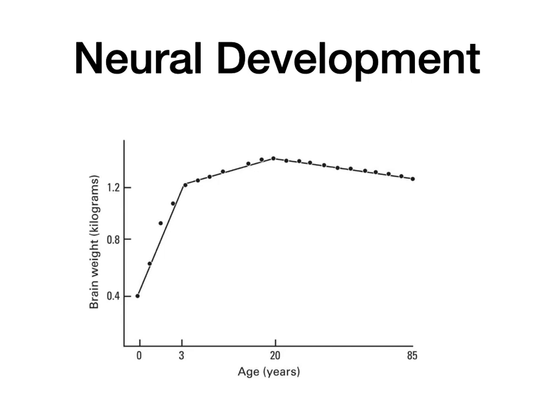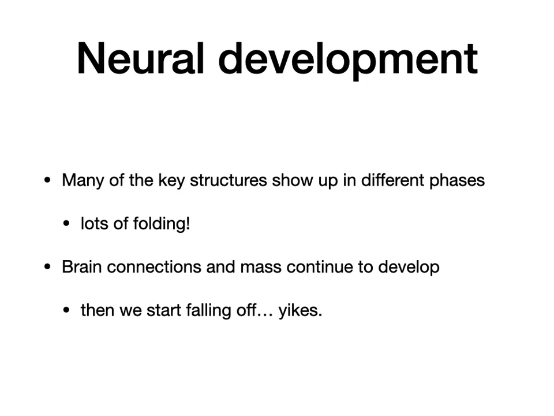Assuming we don't kill a bunch of those with alcohol. I'm joking. That's a whole complex issue. Don't worry about it. Just drink in moderation. You'll be fine. So yes, this is the development over the lifespan of the neural mass of the human brain.